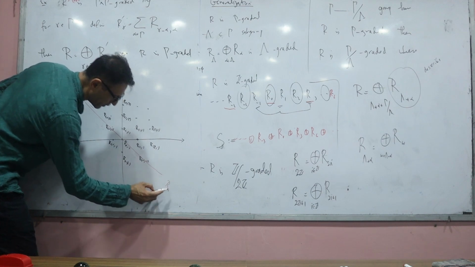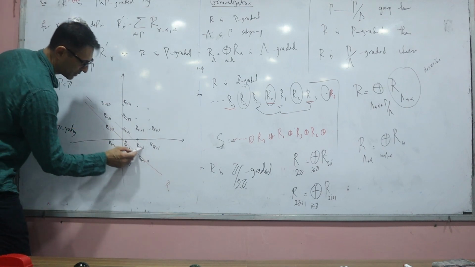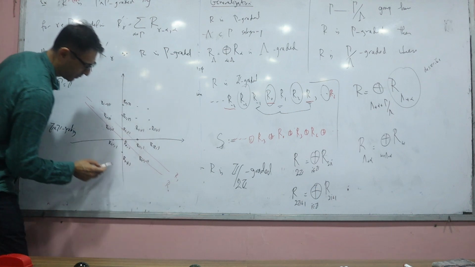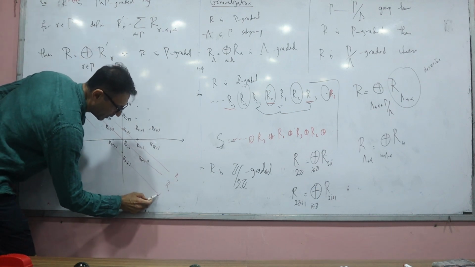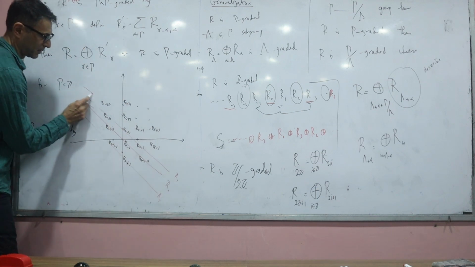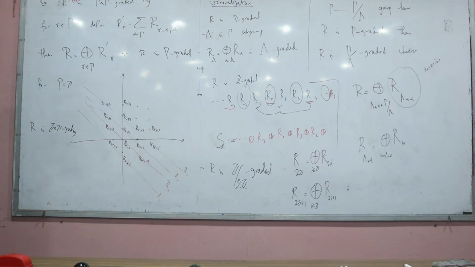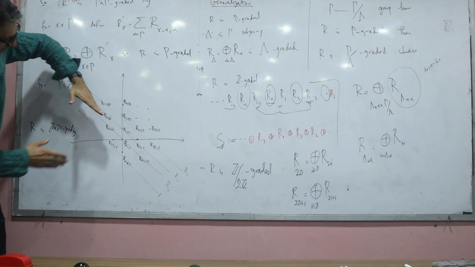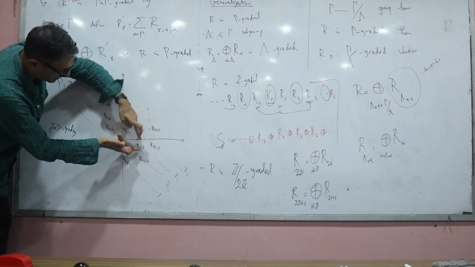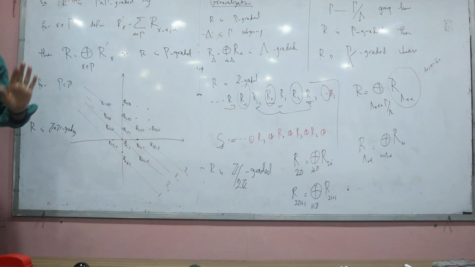I call it R0. I put all these components next to each other. I call it R1 and so on. And R_{-1}. And now, you can check it here, but that means if I multiply these two lines, I'm ending up in the next line. Right.